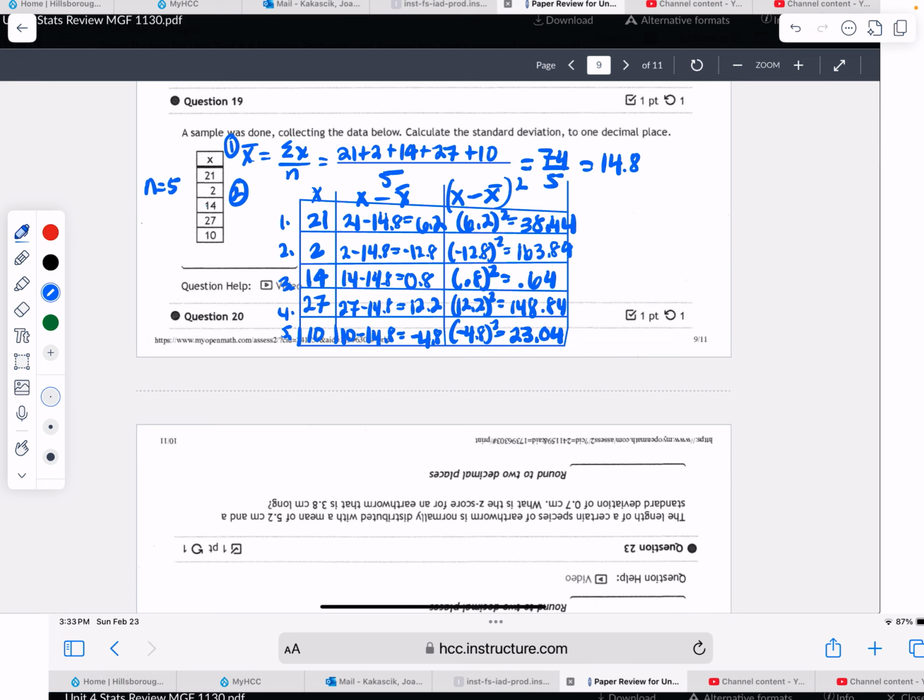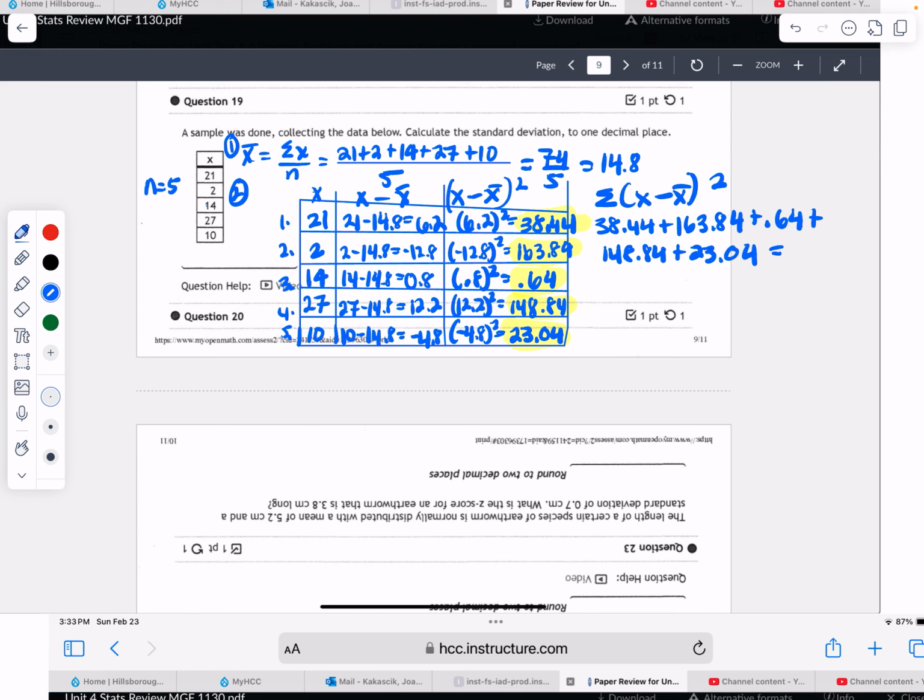Okay, my next step is to add all these values that I got, because I'm trying to get the sum of x minus x bar squared. So 38.44 plus 163.84 plus 0.64 plus 148.84 plus 23.04.